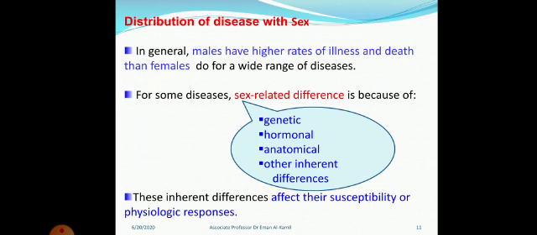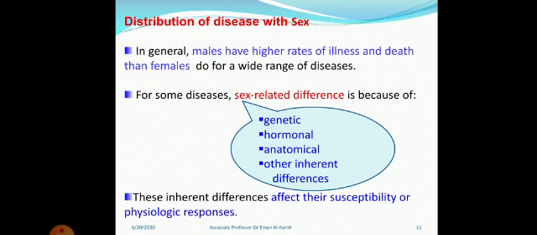The female carries this gene on the X chromosome, and she transmits this to the male X chromosome, and he will have the disease because he has only one X chromosome. Hemophilia is another example. So a genetic factor determines the occurrence of certain diseases.